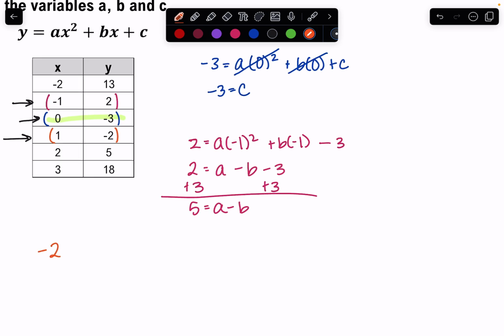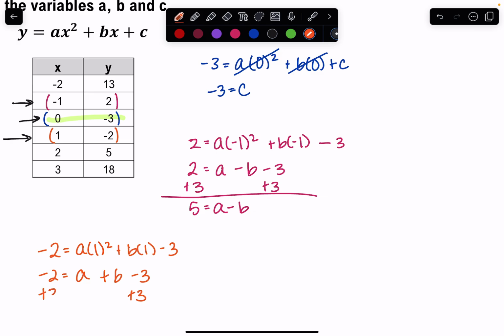So this one becomes negative 2 equals A times 1 squared plus B times 1 minus 3. So we get negative 2 equals 1 squared is 1, so that's A. 1 times B is B, minus 3. Adding 3 over here, I get 1 equals A plus B.